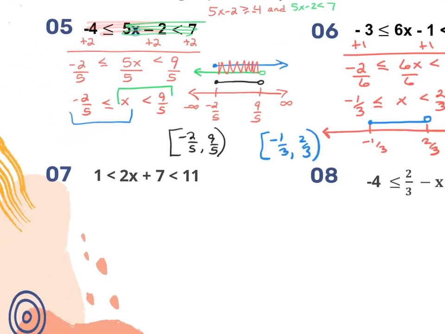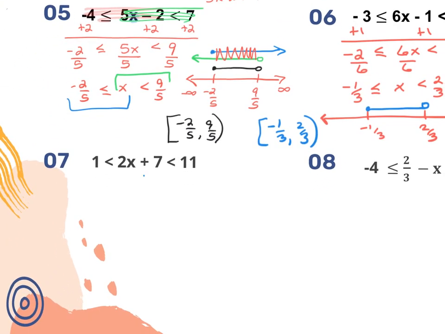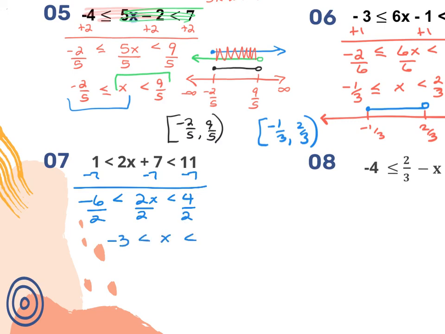So I'm going to subtract 7 from all 3 pieces. -6 less than 2x, which is less than 4. Divide everything by 2. -3 is less than x, which is less than 2. Go ahead and make your number line.